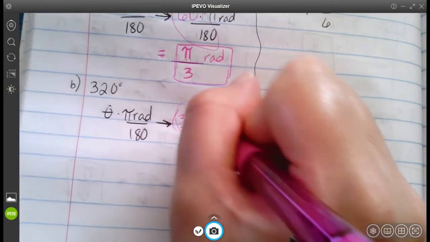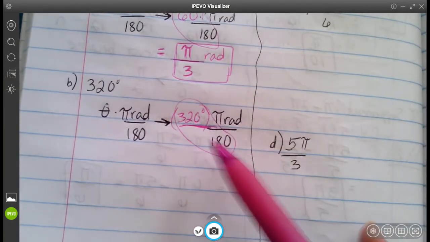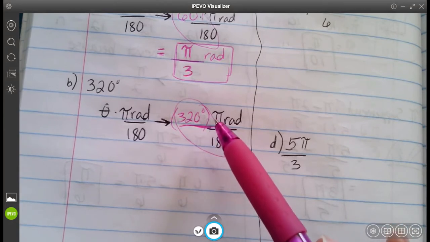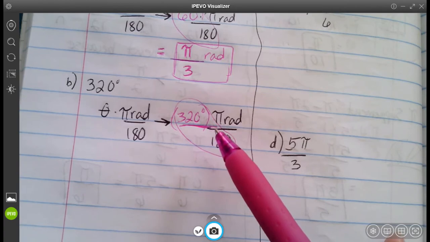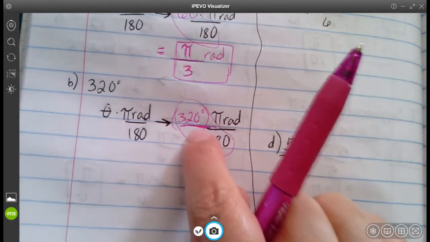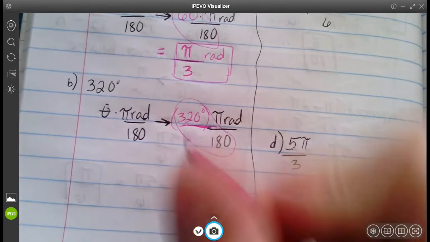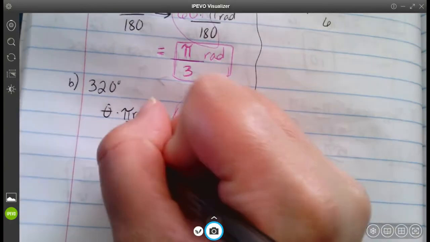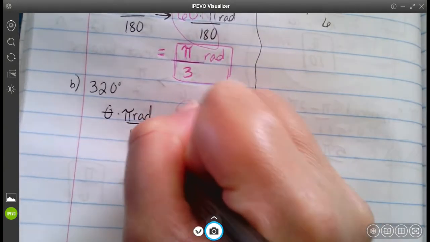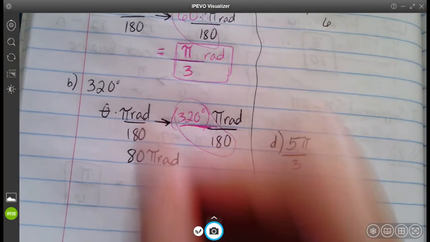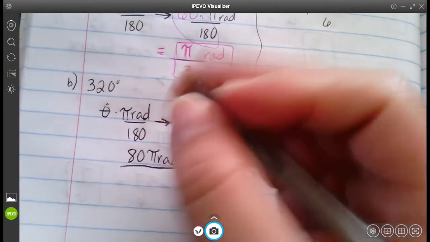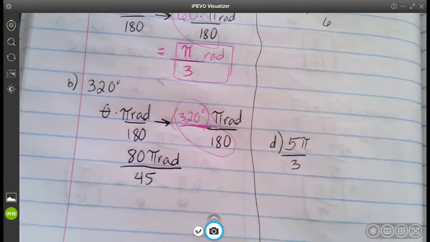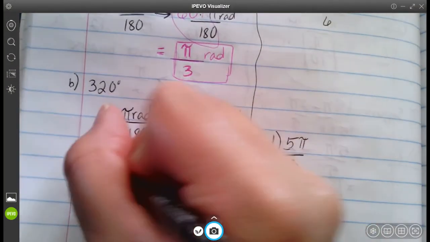Let's see, I can divide them by 4. If I divide by 4, I get 80 pi radians over 180 divided by 4, which is 45.